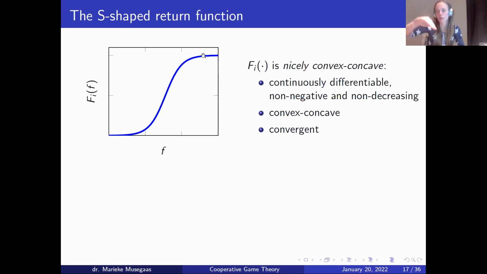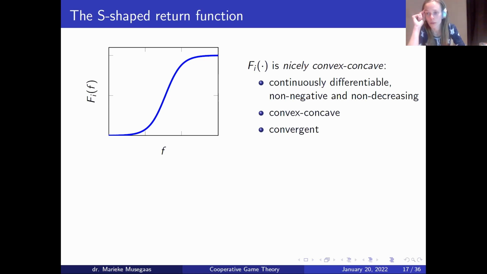It's increasing all the time, but in the beginning it doesn't increase a lot, then it increases a lot, and then the increase slows down. And why is that? Well, in the beginning, when you start vaccinating only 1%, 2% of your country, the monetary health benefits are not that much. But the more people you vaccinate, the bigger the group immunity is. And that's where the shape comes from.